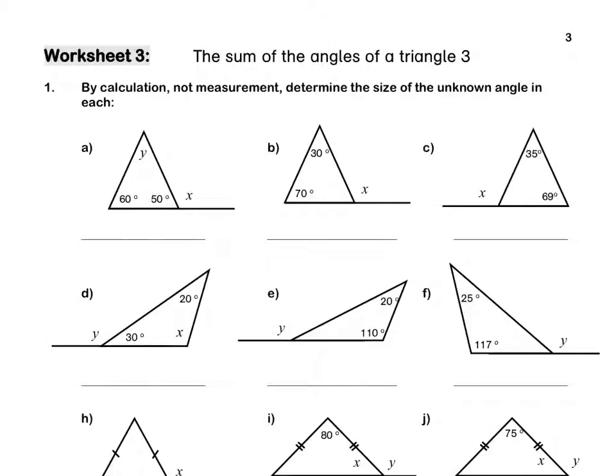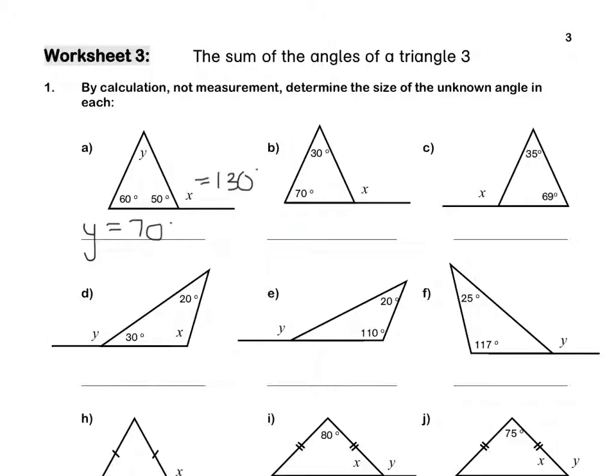Therefore, if this angle is 50 degrees, then that side, x, is equal to 130 degrees, because 50 plus 130 is 180. If we look in my triangle, 60 plus 50 is 110. Therefore, y is equal to 70 degrees.